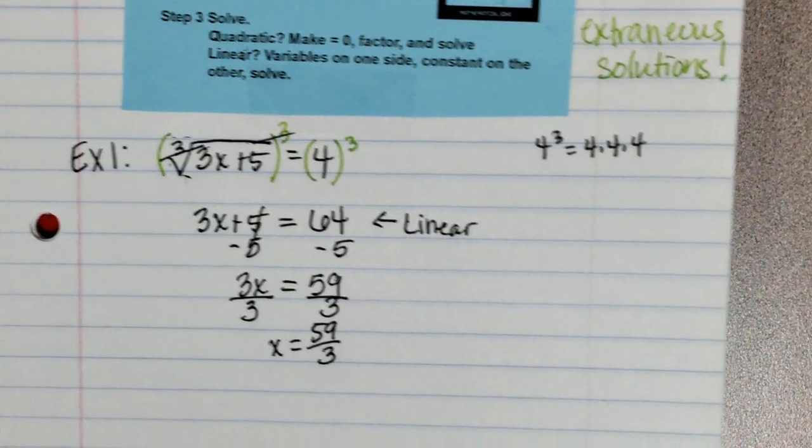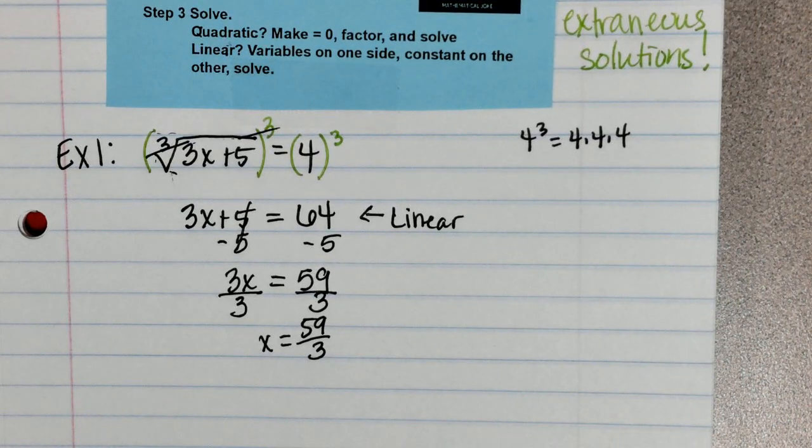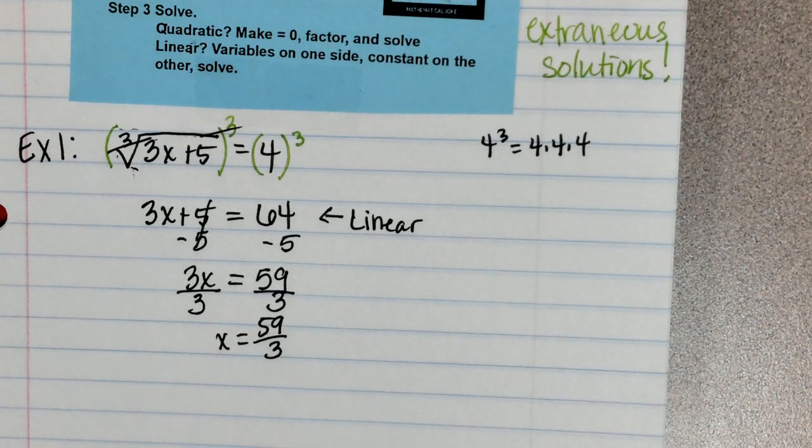Now, you can check yourself. Like I could do, is the cube root of 3 times 59 over 3 plus 5 equal to 4?